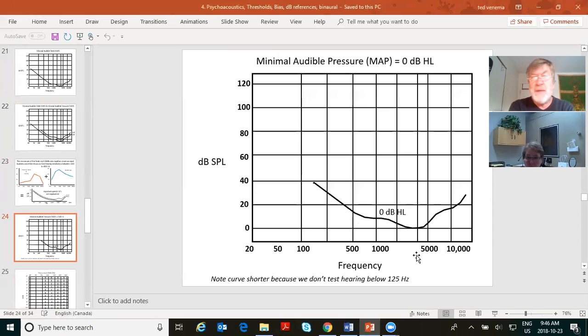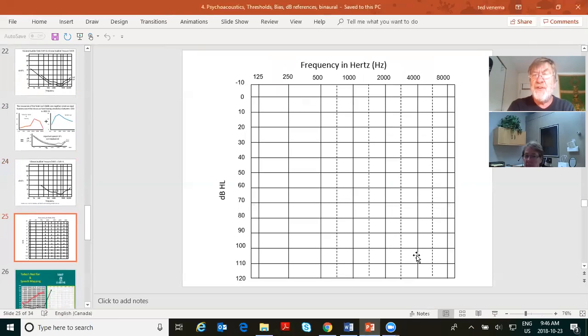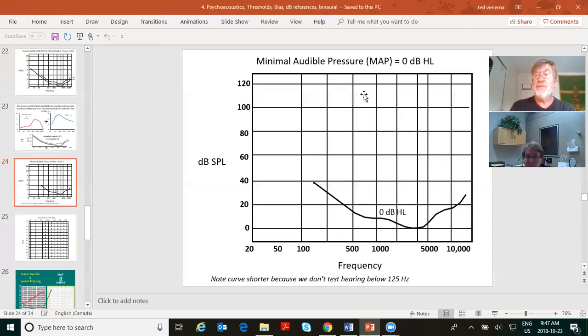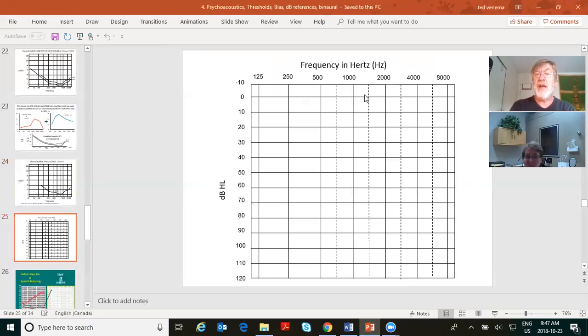All of it's in dB SPL, but when you take that curve, that little smile that you see on the screen in front of you, that is capital I, capital S, bold-faced, underline, italics, 0 dB on this picture. This picture, look where 0 is, a flat line going across the top. That is this. This is that.